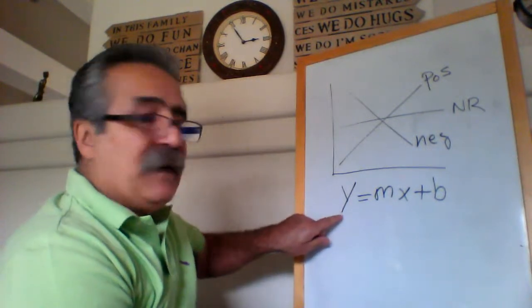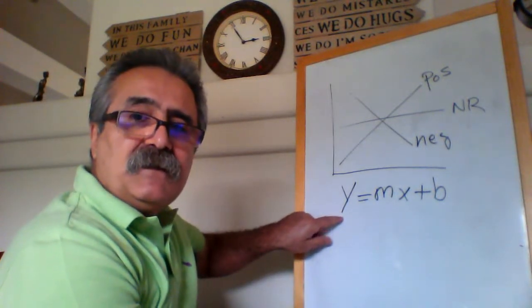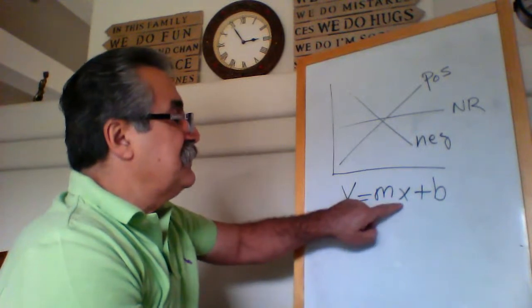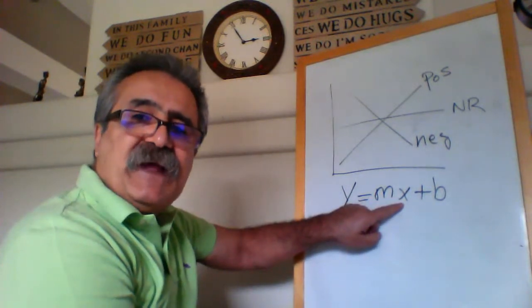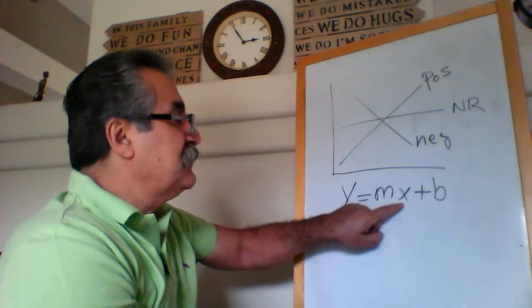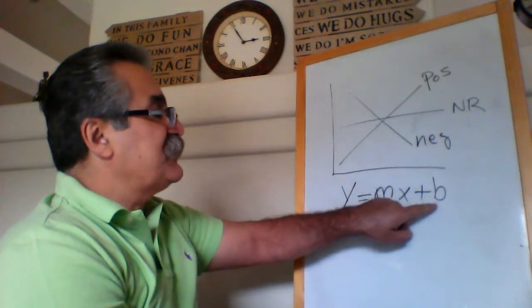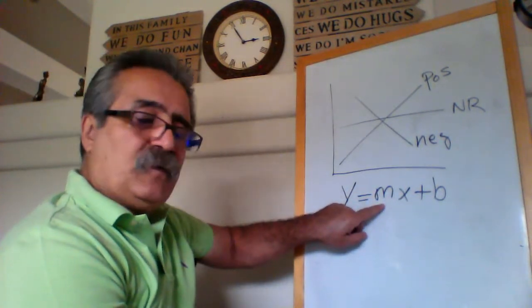If this is the amount of sales, and this is the amount of money that you spent promoting your business, this is the y-intercept, and this is the slope.